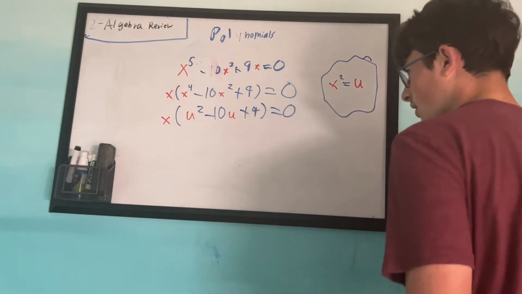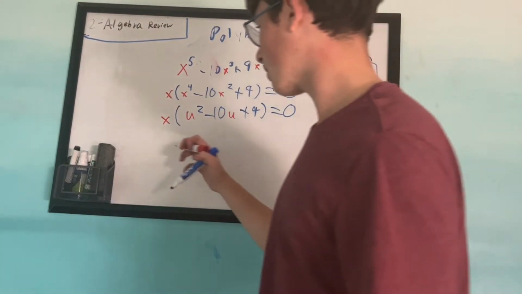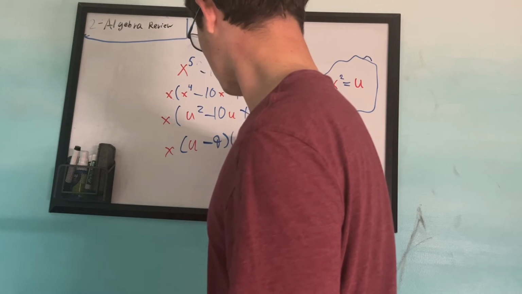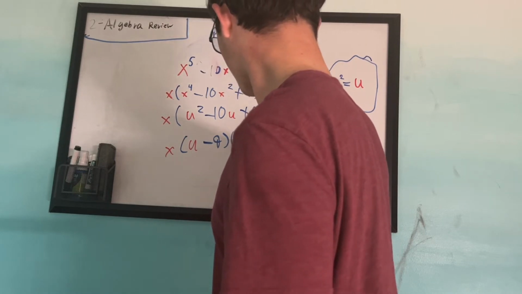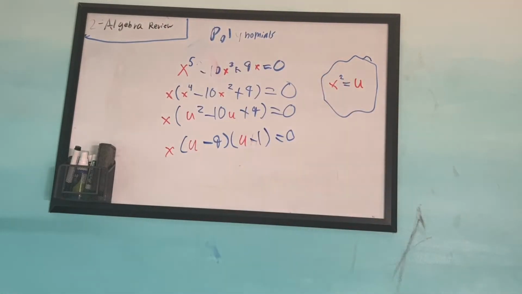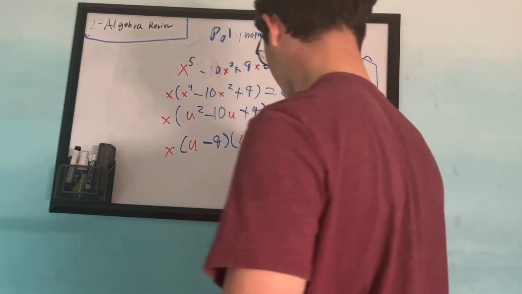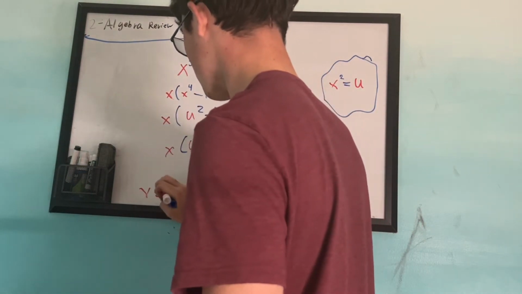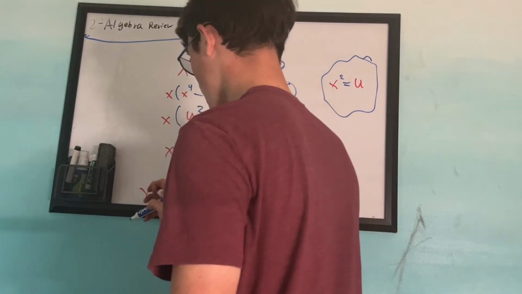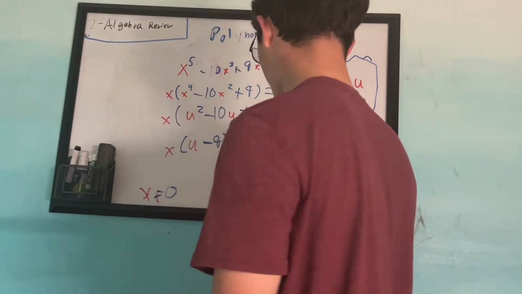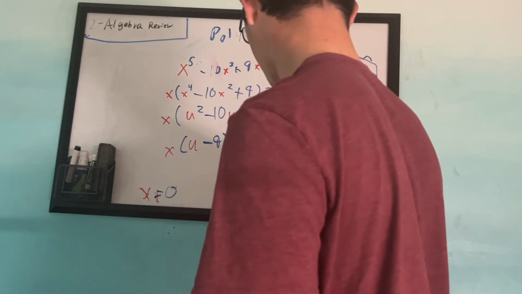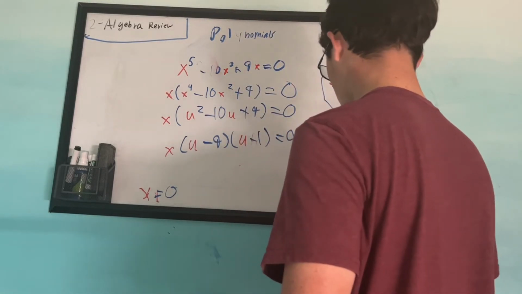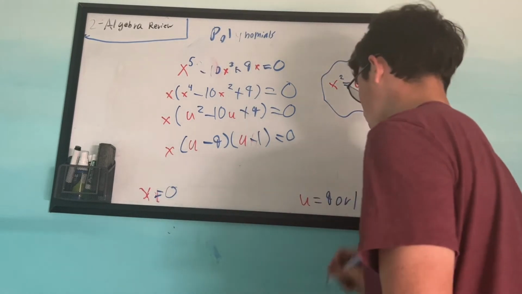And then this we can factor. Factoring for this will be u minus 9 and u minus 1 equaling 0, which means so far we've established that x equals 0, and over here I'll write u equals both 9 or 1.